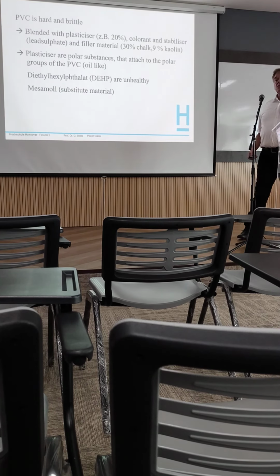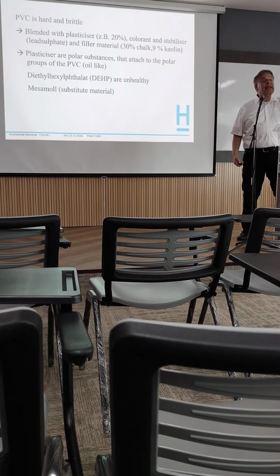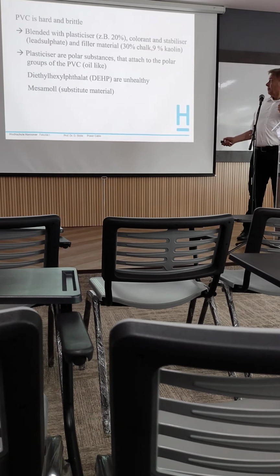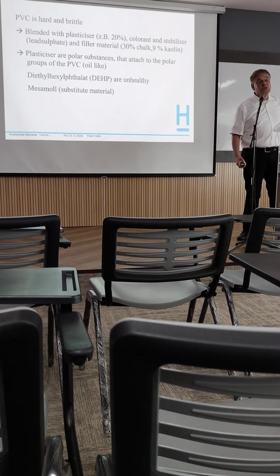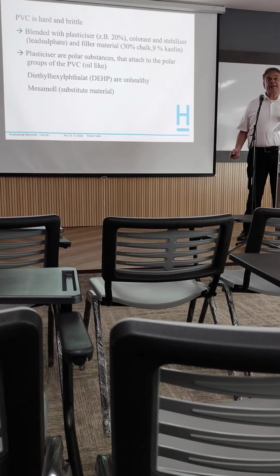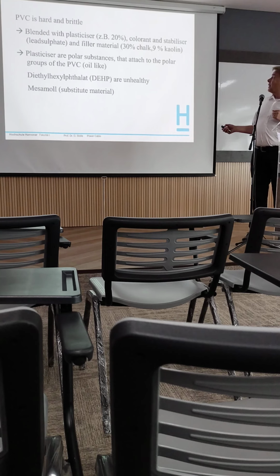So let's talk a little about the behavior of the material PVC. PVC itself is hard and brittle. Therefore, because we want to have a smooth cable, we have to blend it. It is blended with a so-called plasticizer, about 20%.